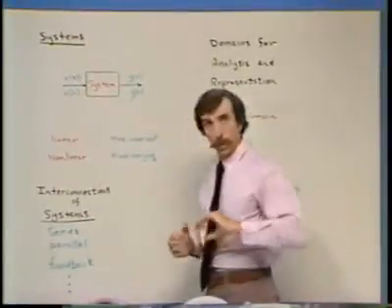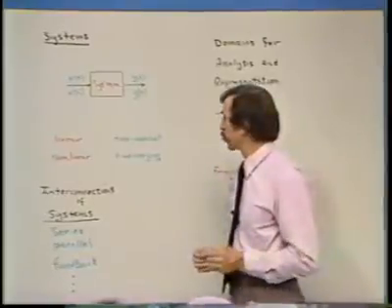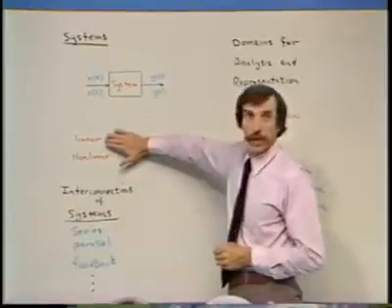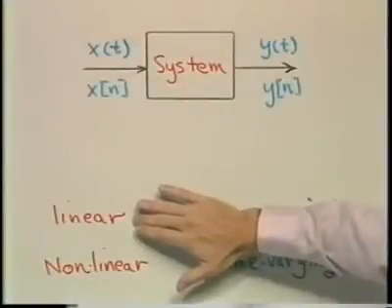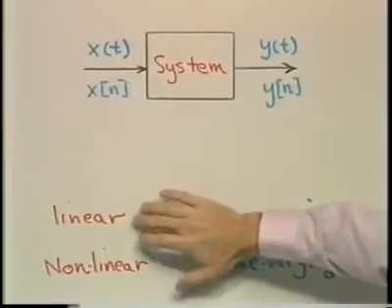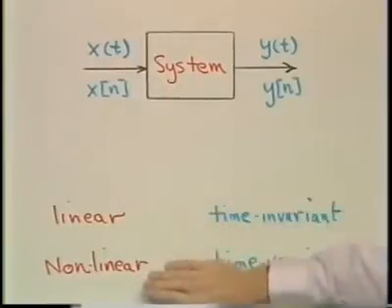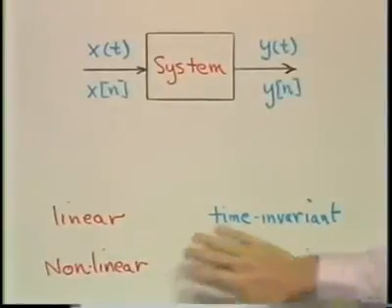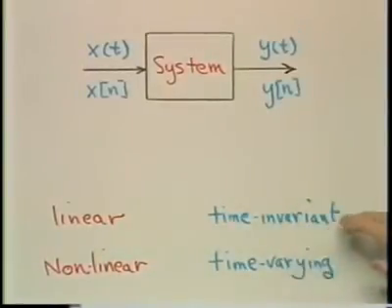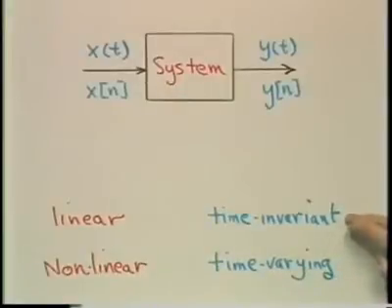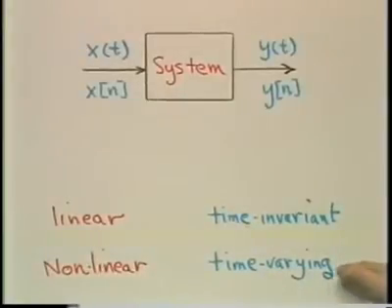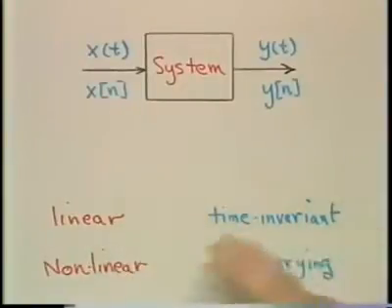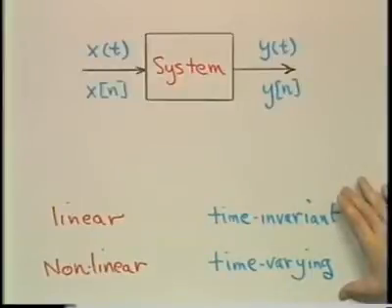To indicate what I mean and how things might be split up, we could divide systems basically into systems that are either linear or nonlinear, and we will. We will also divide systems into systems that are what we'll refer to as time invariant or time varying systems. And these aren't terms that we've defined yet, of course, but we will be defining in the course very shortly.